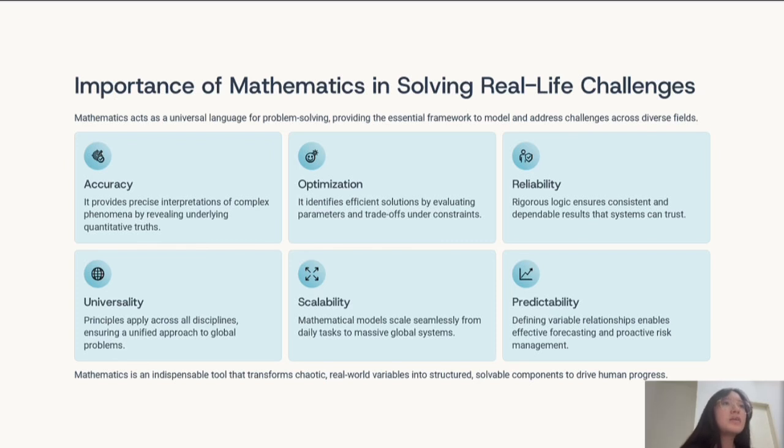Optimization: it identifies efficient solutions by evaluating parameters and trade-offs under constraints. Reliability: rigorous logic ensures consistent and dependable results that systems can trust.